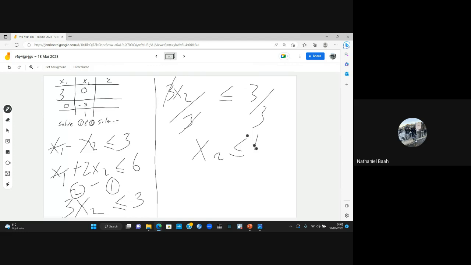So when I substitute this into equation 1, then I'm going to get x1 minus 1 less than or equal to 3. So when I move this one here, I'm going to get x1 less than or equal to 4. So my x1 here is 4. Good. I hope we are all following. Great. So now, let's continue.